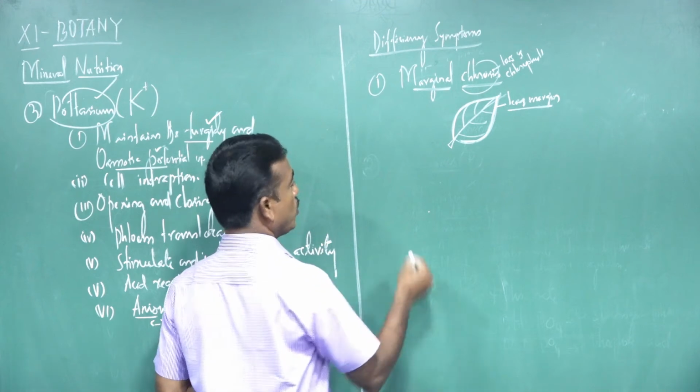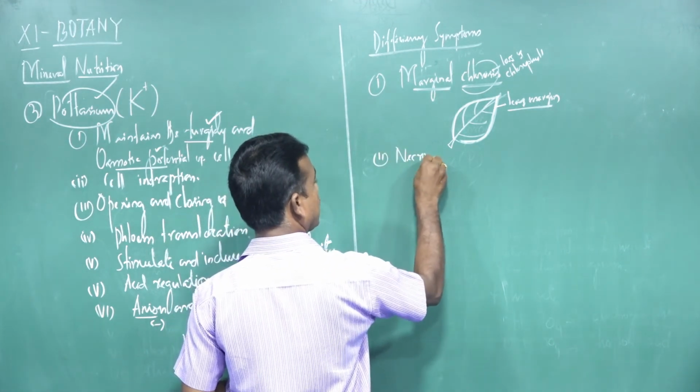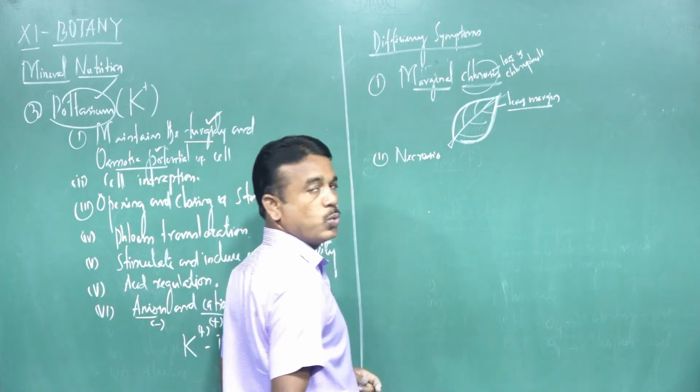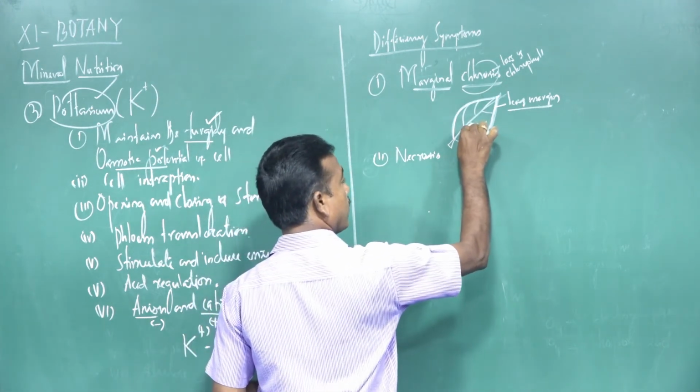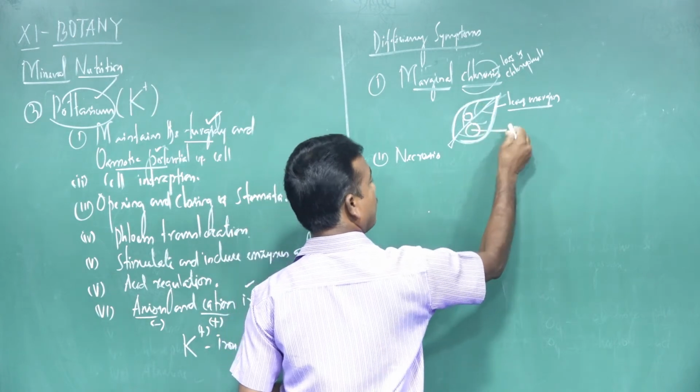So that is marginal chlorosis. Second, necrosis: loss of chlorophyll or death of tissue.